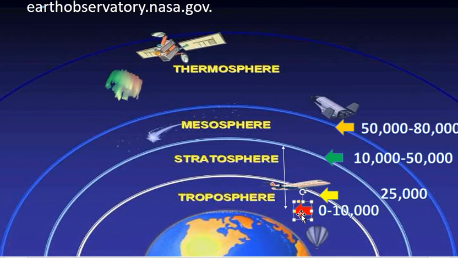Now the stratosphere ranges from 10,000 to 50,000 meters, wherein the ozone layer lies somewhere in the middle region of the stratosphere at 25,000 meters. So this is the stratosphere. If you look at the line here, this height actually is the stratosphere.